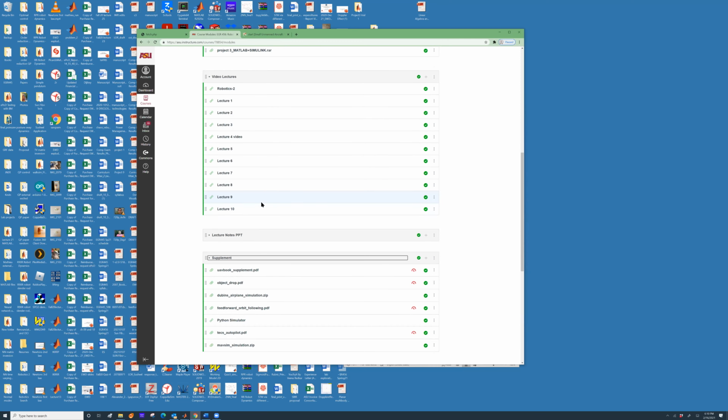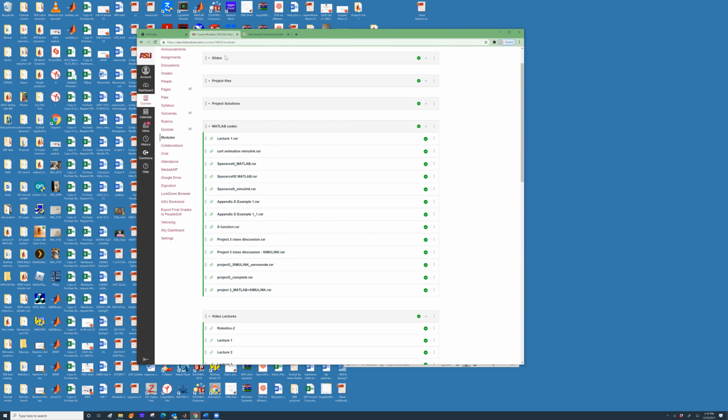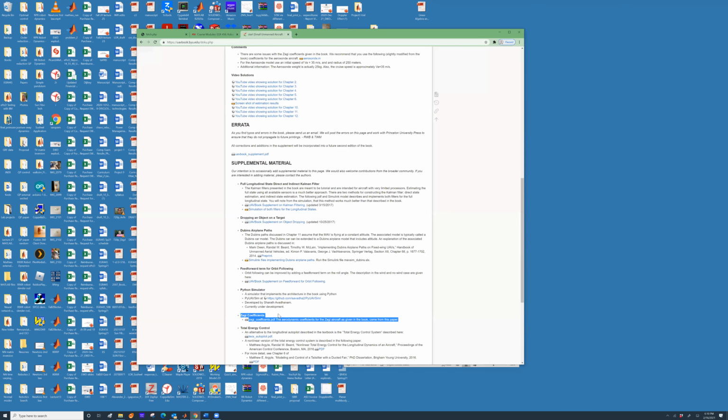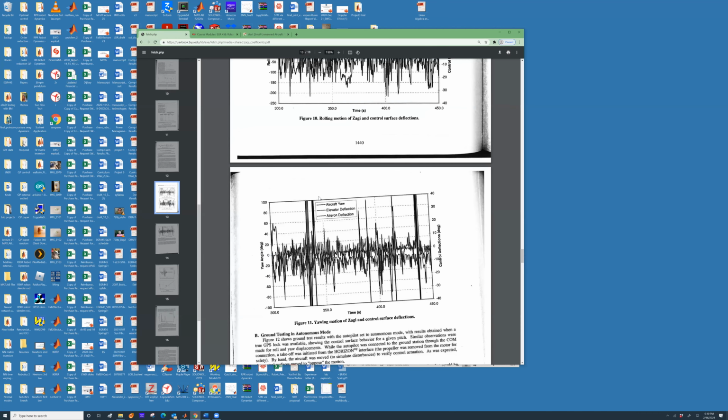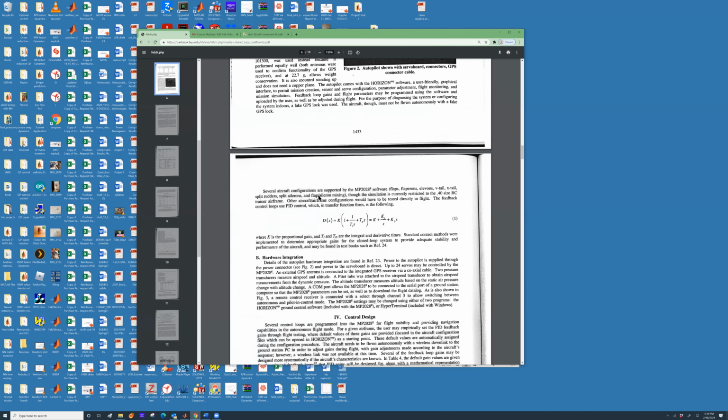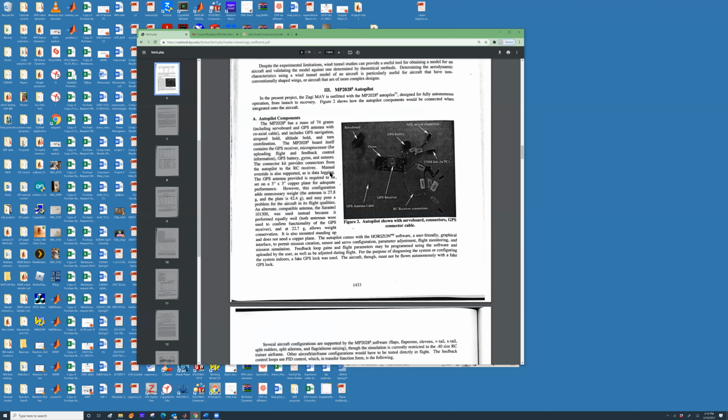So I just want to go back and tell you, don't forget to look at this reference that is given on the UAV website. And this is nothing but this paper. This is the paper, and what I'm going to do is add the link of this paper to the chat window.